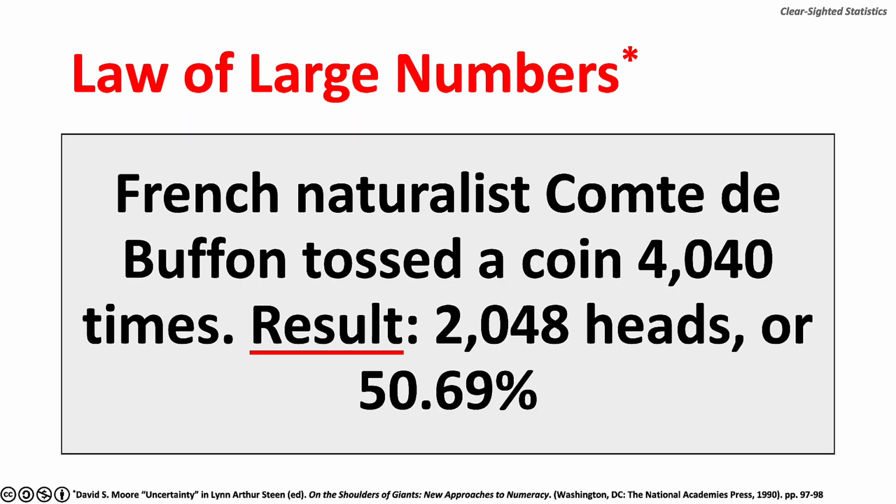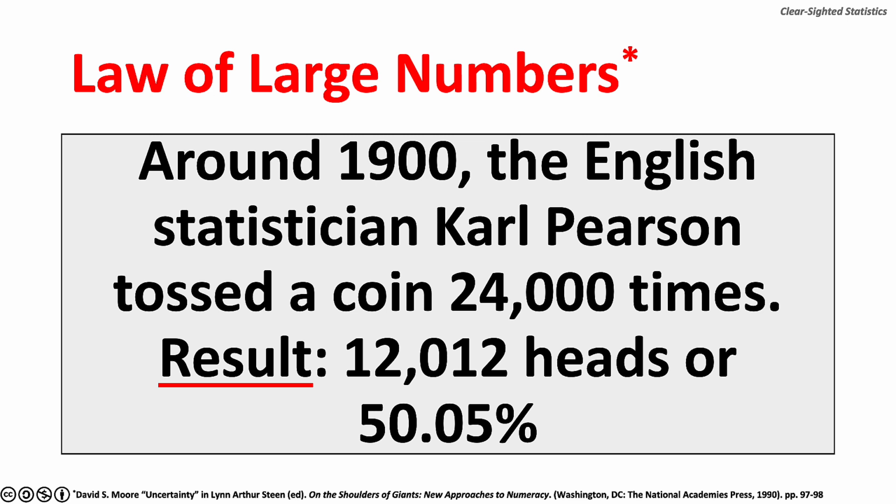Some scientists and mathematicians have informally tested the law of large numbers. In the 18th century, the French naturalist Comte de Buffon tossed a coin 4,040 times. Result, 2,048 heads, or a 50.69% probability. Around 1900, the English statistician Karl Pearson tossed a coin 24,000 times.